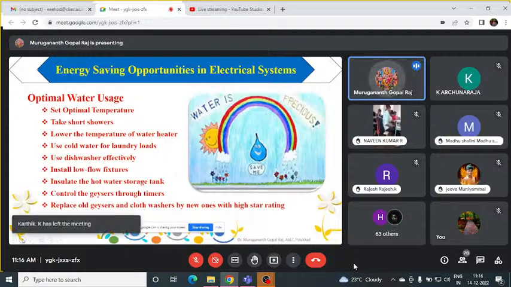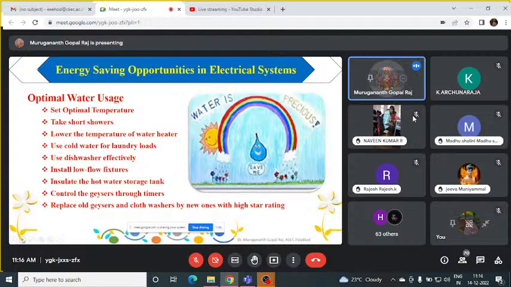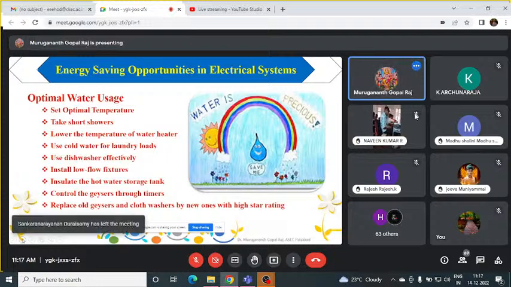Then install low flow fixtures. You could see some sensors where, when you keep your hand, only then will water flow be available. Like that you can fix flow sensors that control the flow of water and allow only a small quantum of water to flow.